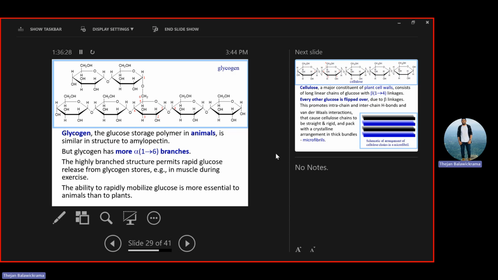How this branching is happening depends on the type, and the place where it is linked as a branch is also going to be different. That's the animal version. Clear, right?